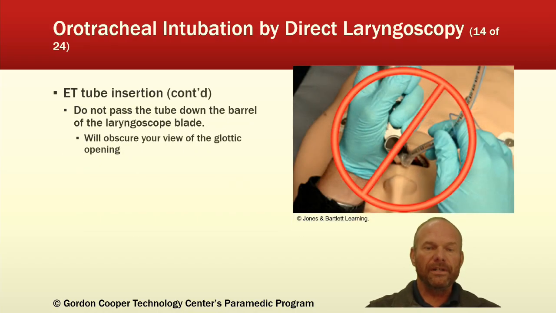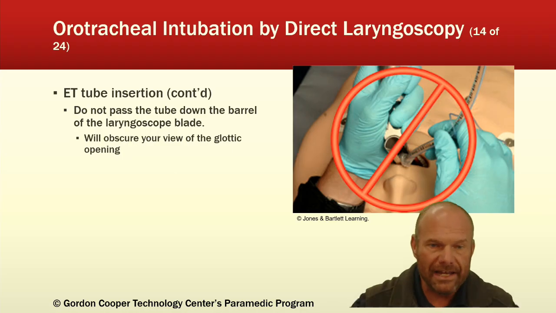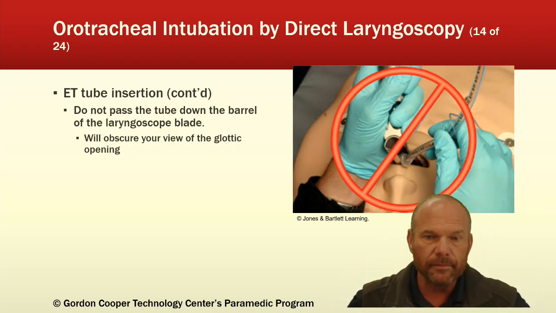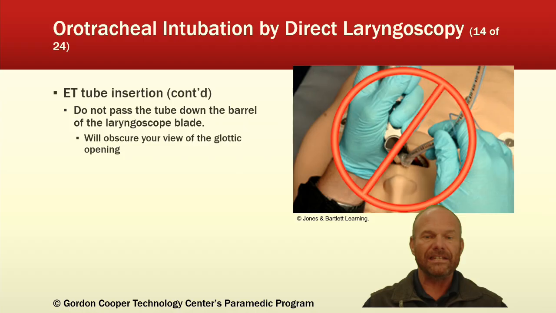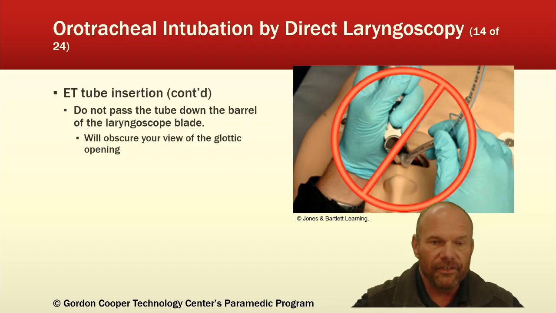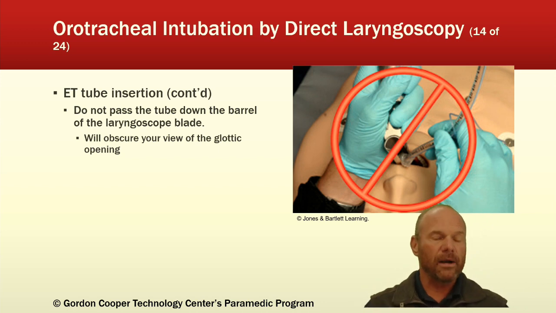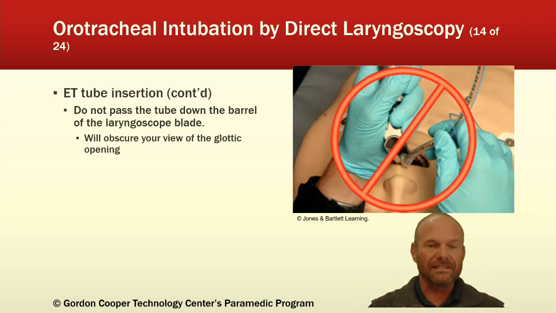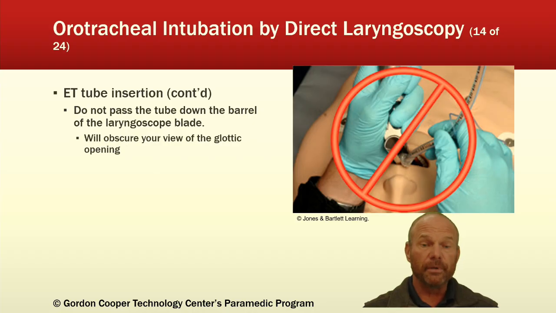So one thing we don't want to do is use the blade as a guide. Sometimes people attempt to pass the ET tube down the barrel of the laryngoscope blade. There are some laryngoscope blades out there that have a really big barrel, and they think that maybe that's what it's for, and it's not. The purpose of the blade is to visualize the glottic opening, not to act as a guide for the ET tube.